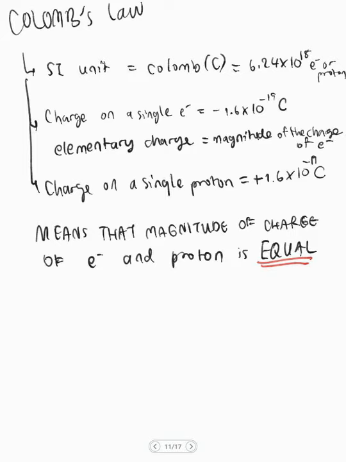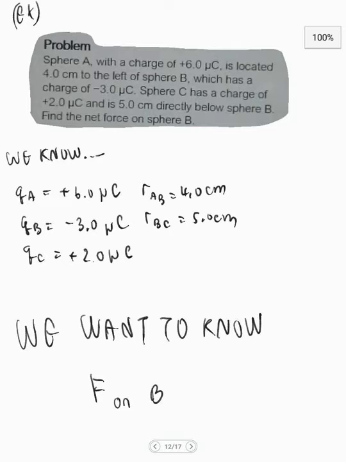It means the magnitude of the charge of an electron, and the charge on a single proton is equal to positive 1.6 times 10 to the negative 19 Coulomb, which means that the magnitude of charge of electrons and protons is equal. Okay, so let's move on to the practice problems.